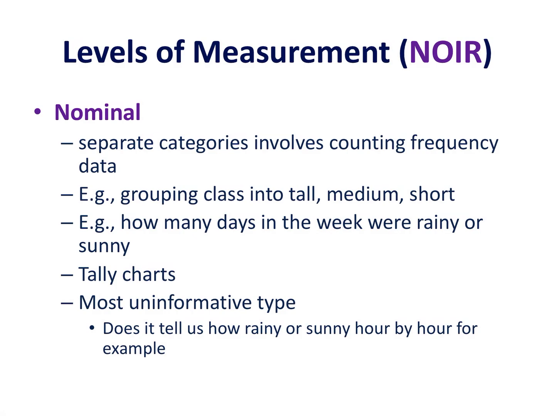So imagine in the tall, medium and short group, I said earlier that there's 10 people in the short group. That number 10 doesn't tell me anything about how short or the differences between people in the short condition, or indeed the difference between those in the short and those in the medium. So arguably it's not very sophisticated, but we call this nominal data and it gives us the frequency in a certain category.